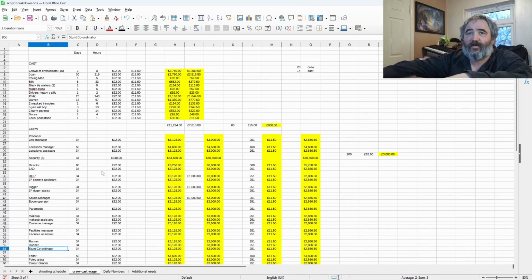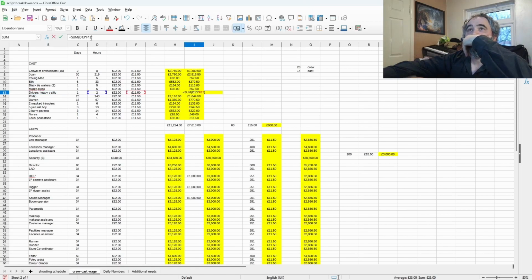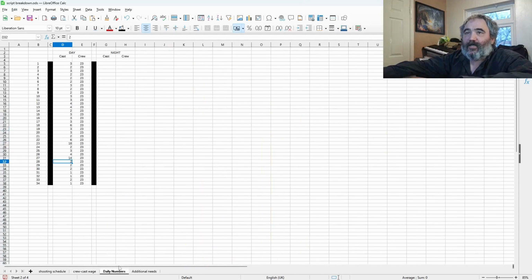Okay, now the crew and cast wage we're going to have to add drivers for heavy traffic. We have to add times that by 10, which will give us the price for 10 of them. Okay, so that's that. So that's the daily numbers.